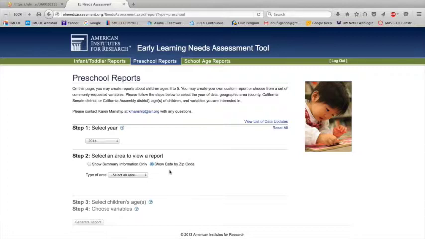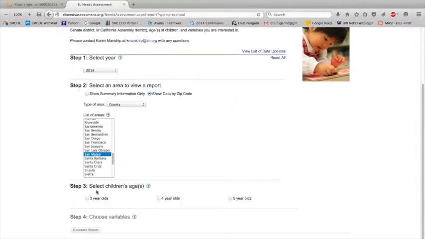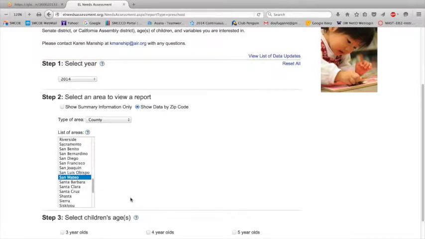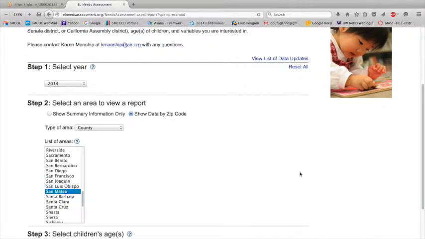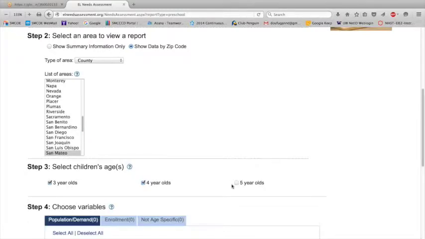So you're going to show your data by zip code. You're going to select county and choose your county. And I would recommend choosing all 3, 4, and 5s, even though for CSPP you may only end up using your 3 and 4-year-old data, but I would go ahead and ask for it.